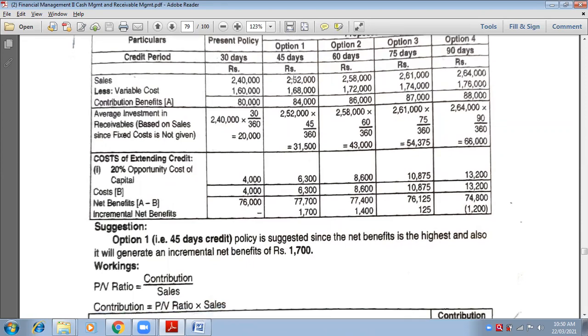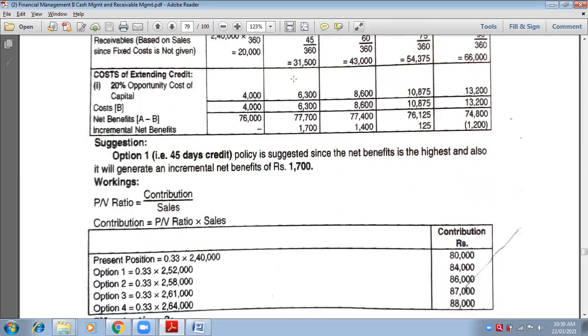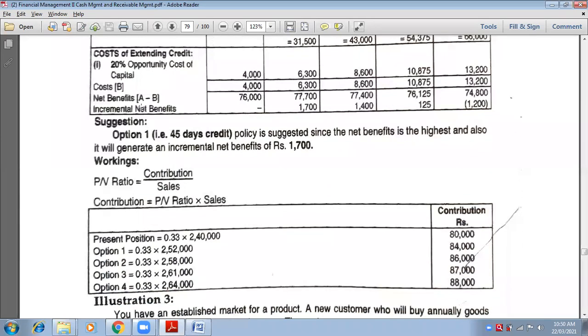Okay, write down suggestion. The last part of our sum. Suggestion. Write down. Option 1, that is 45 days of credit period, is recommended.